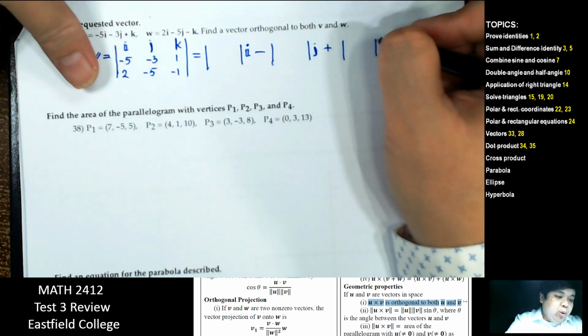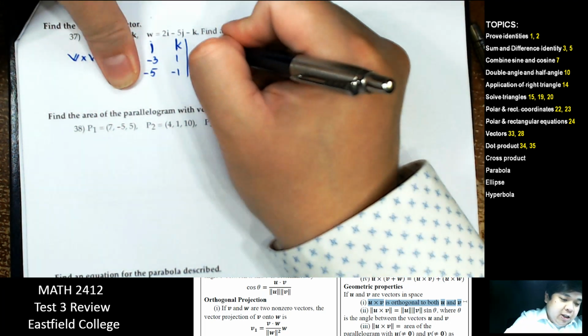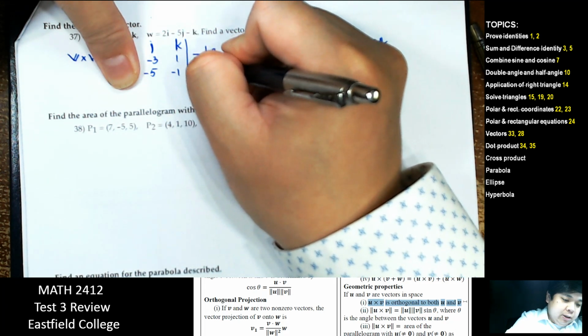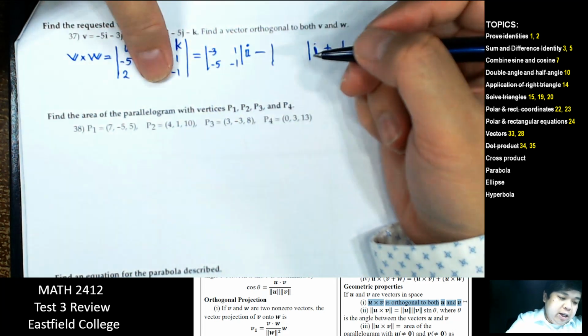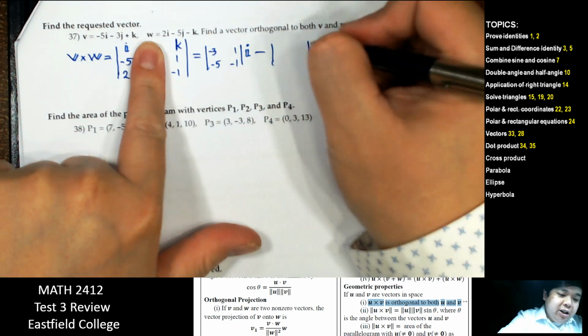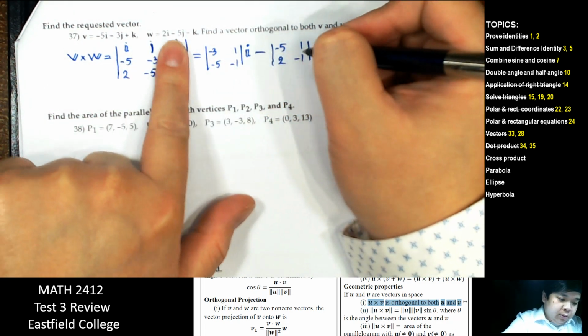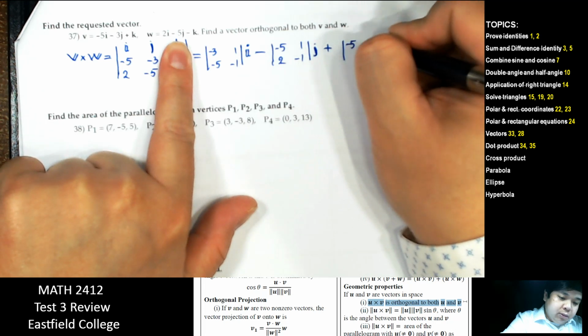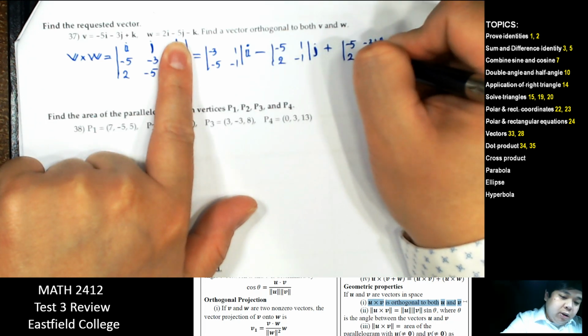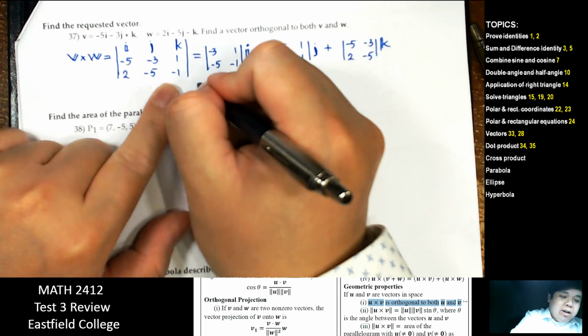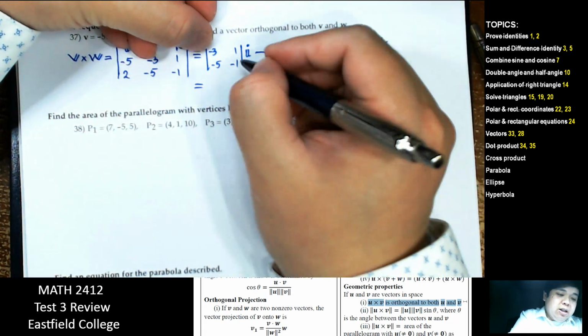Right, for i we have to cover that up. Then j, and then k. Right, and now we just need to do that.